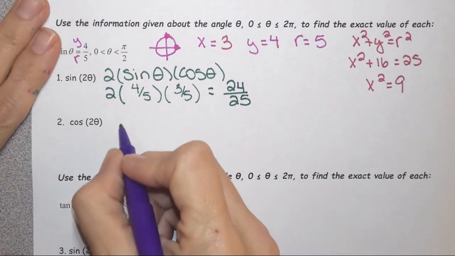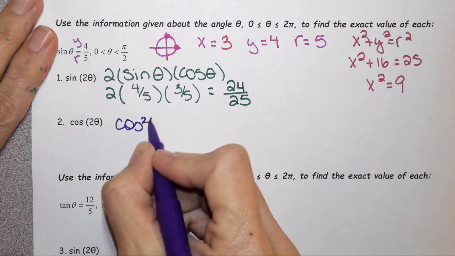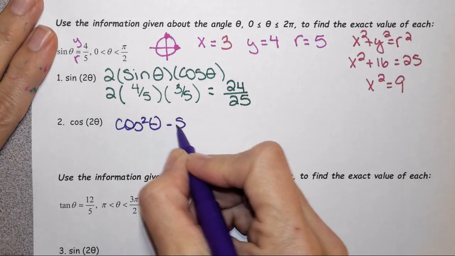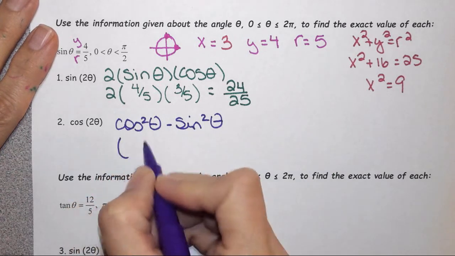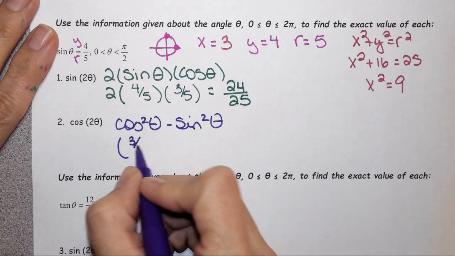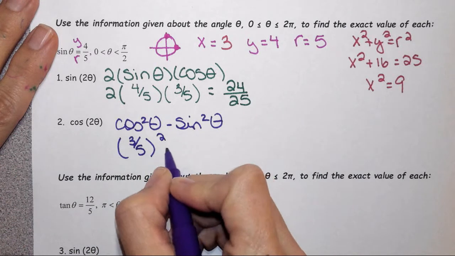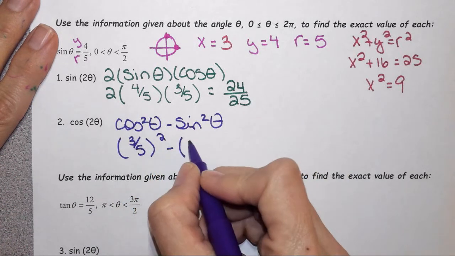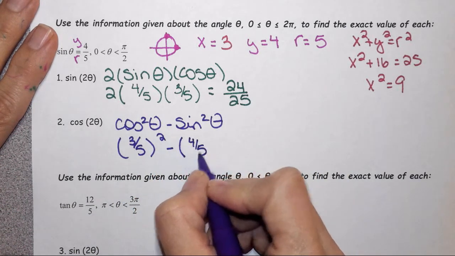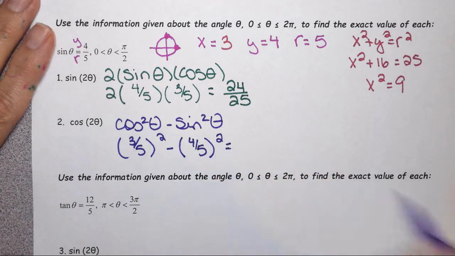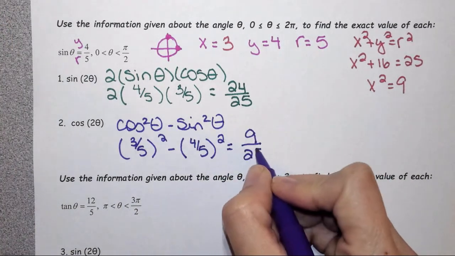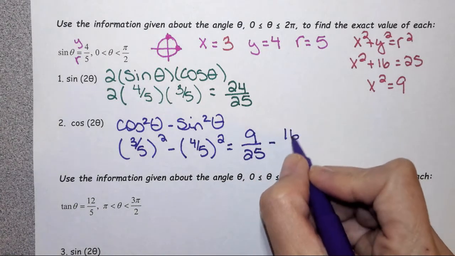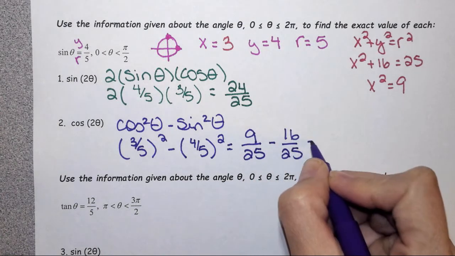Number 2, we're going to use our cosine double angle formula. And again, I like cosine squared theta minus sine squared theta. So cosine is 3 over 5 squared minus, excuse me, sine is 4 over 5 squared. So if I square the top and the bottom, I get 9 over 25 minus 16 over 25.